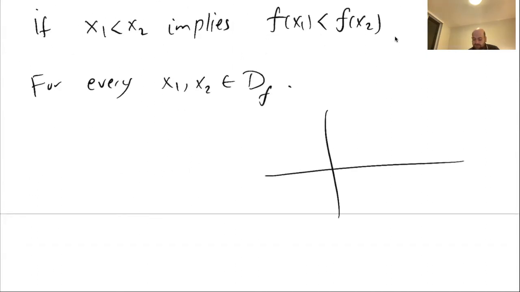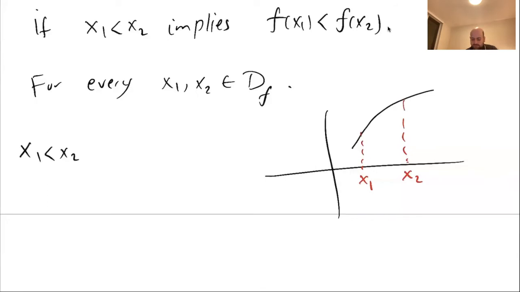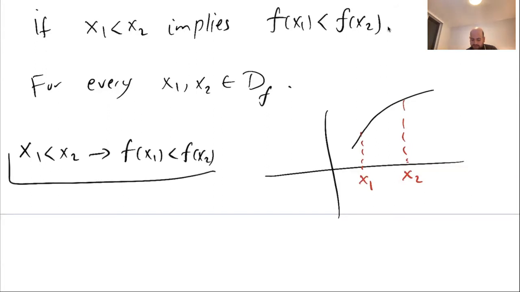So if you look at the graph, this is an increasing function because for any x1 and x2 that I consider in this domain of f, with x1 less than x2, I can say that f of x1 is less than f of x2. This is the definition of an increasing function.